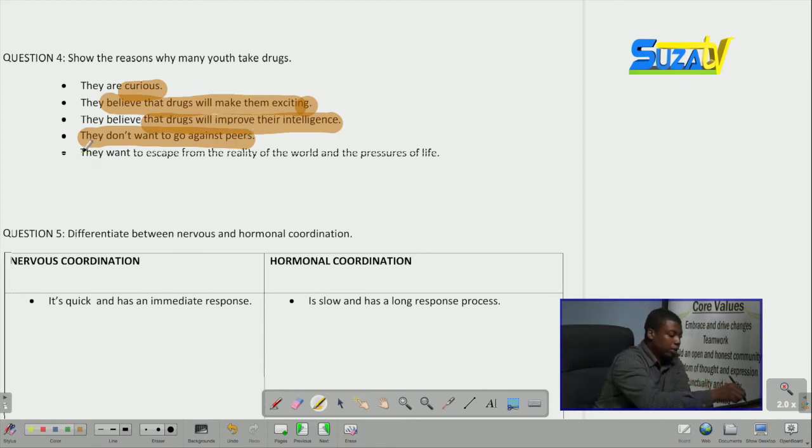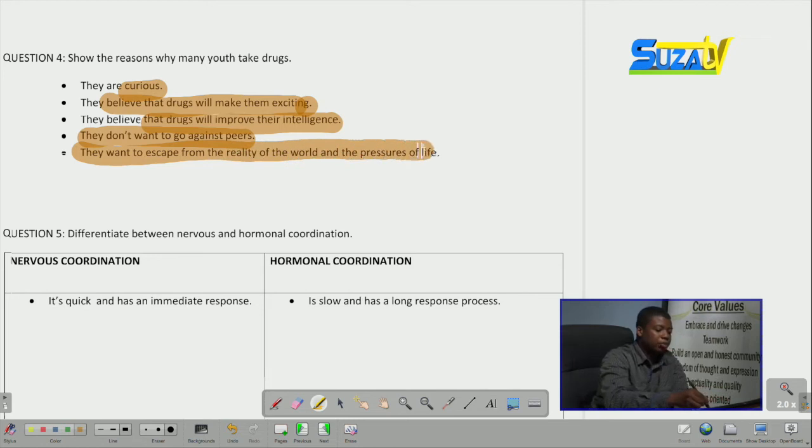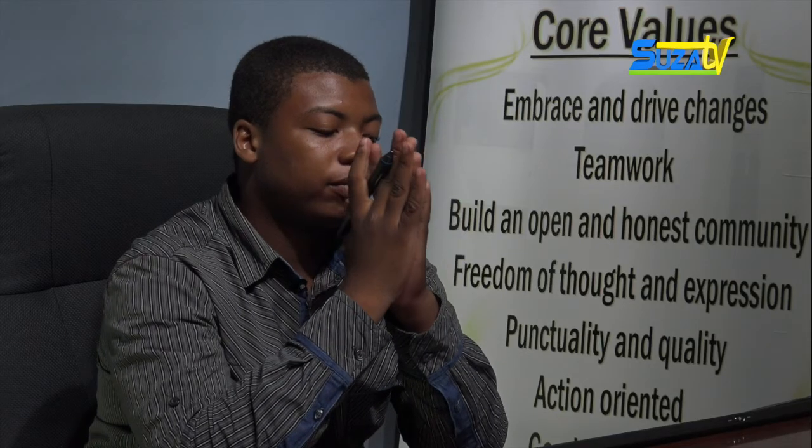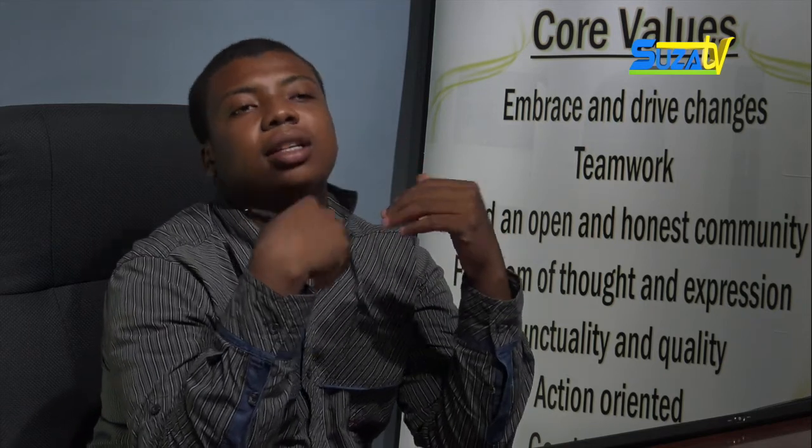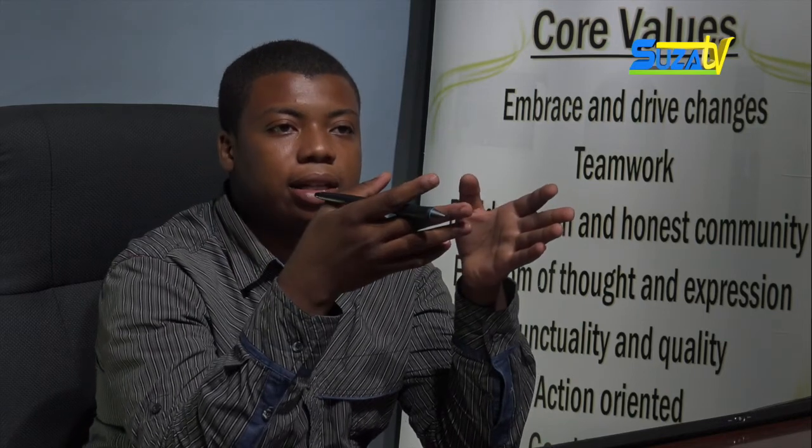Also, another one is that they want to escape from the reality of the world and the pressures of life. Some of them say that they are escaping from the reality of the world and pressures of life by taking drugs. For instance, someone has lost his job, has a hard time with the family, has lost his best friend, his children, he has lost everything.